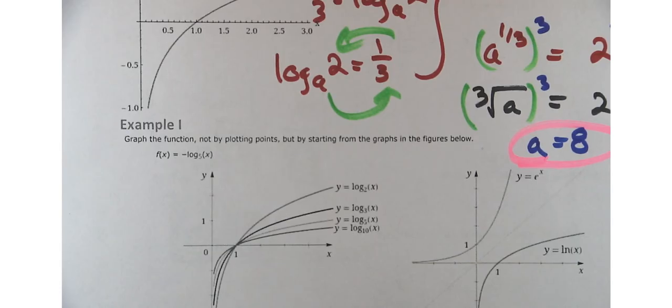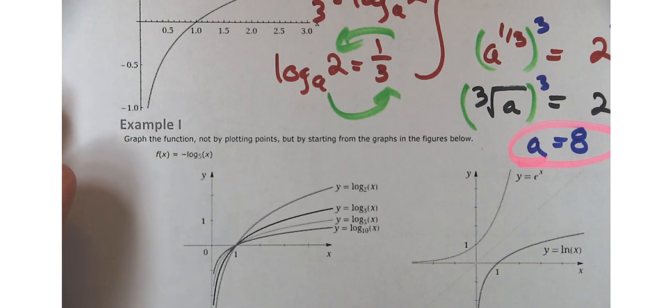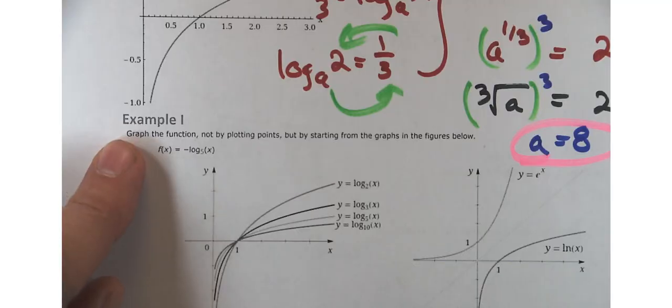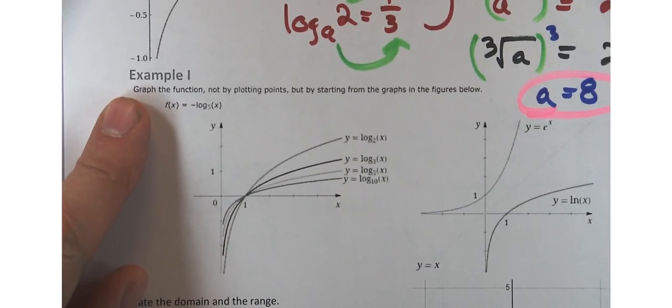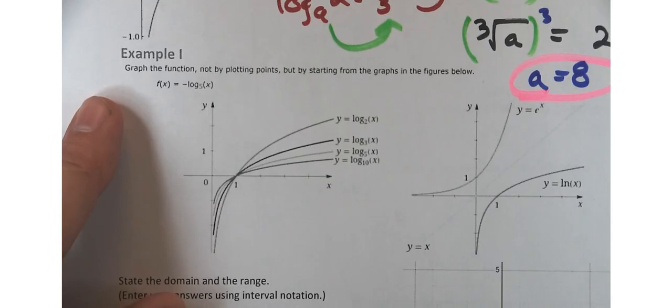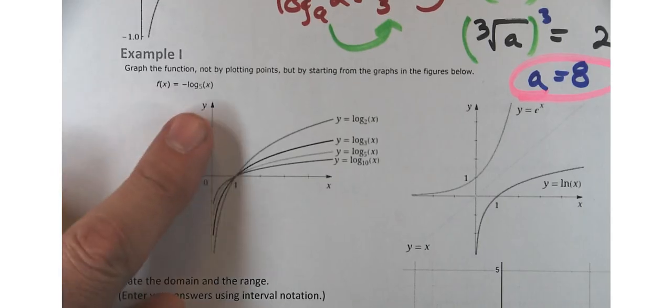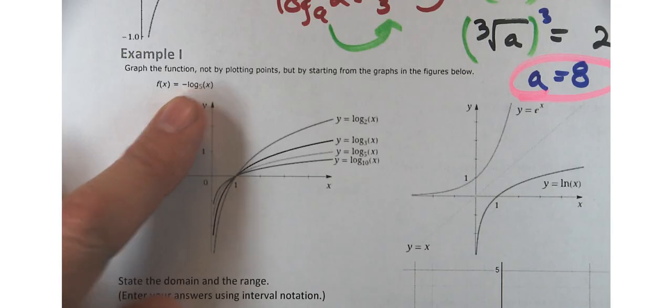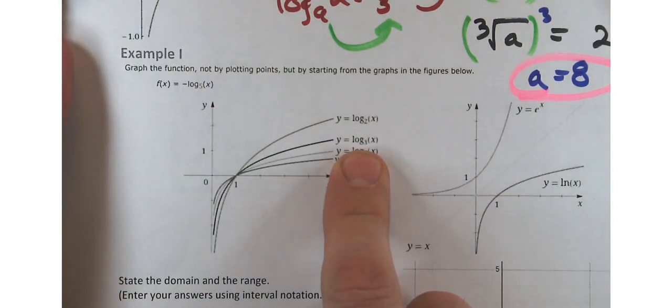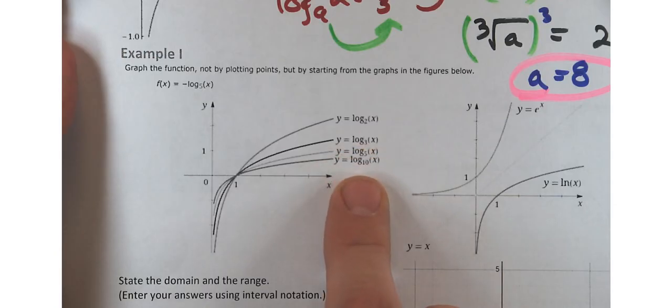And last but not least, there's a little bit more on graphs of these functions. In particular, let's take a look at the graph of minus log base 5 of x. What am I going to do to get the graph of minus log base 5? I've got a couple of graphs here, so let's pick this one.